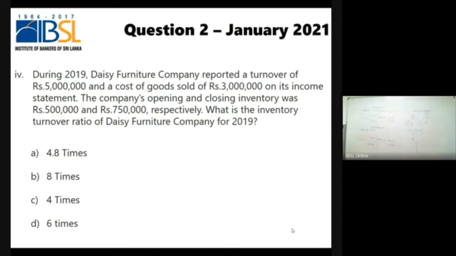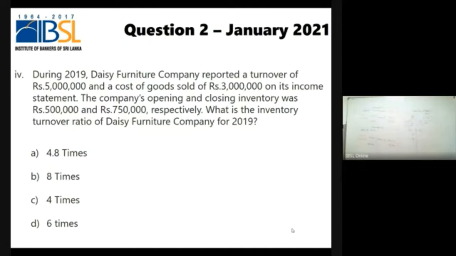Read the question. During 2019, Daisy Furniture Company reported a turnover of 5 million and a cost of goods sold of 3 million on its income statement.